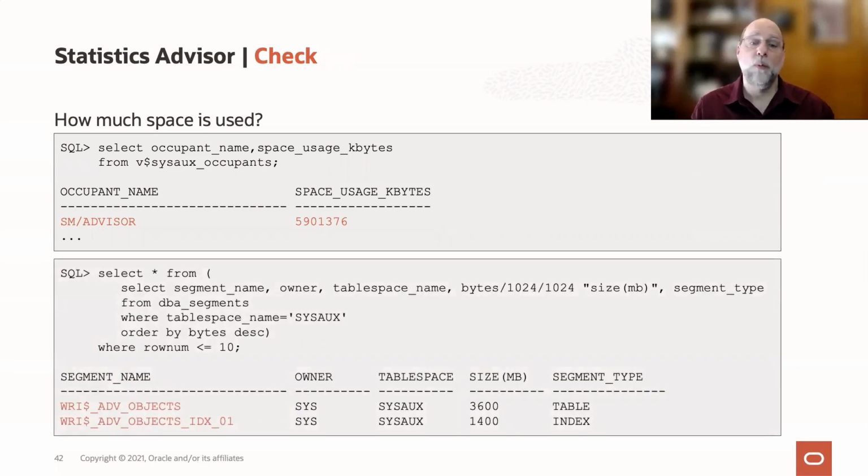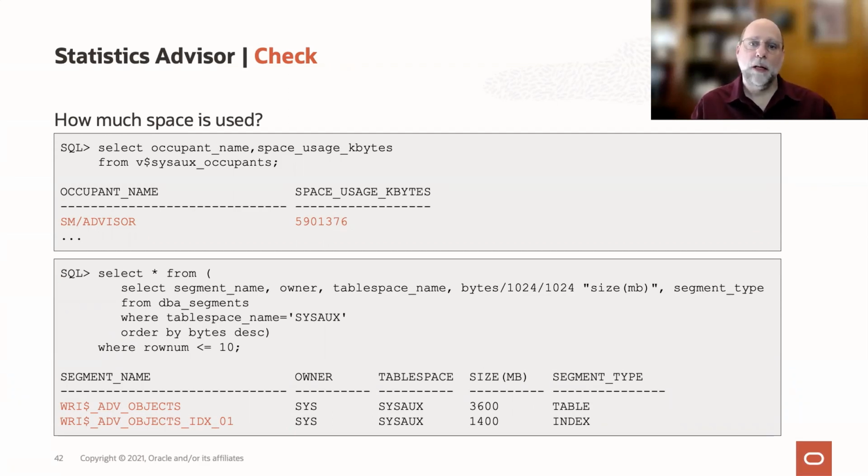You can find out whether it's using megabytes, hundreds of meg, or even in our case, gigabytes of data inside your SYSAUX tablespace. Now, SYSAUX is one of those things that just grows and grows. There's no way to shrink your SYSAUX tablespace, but if you've got this advisor data there and you don't really need it, you could at least free up space within SYSAUX for other uses like incremental statistics, AWR snapshots.